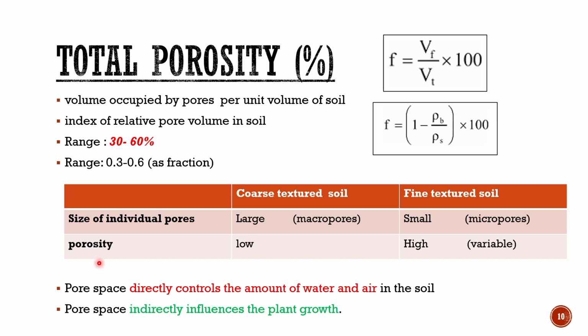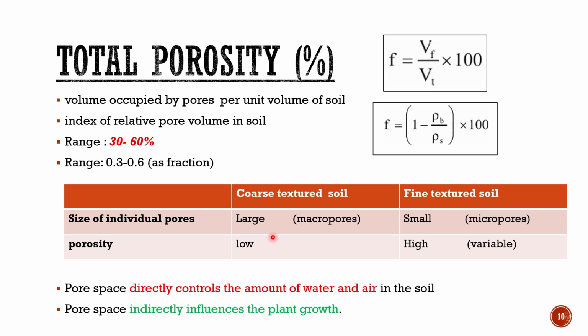So when it comes to porosity, it will be high for fine textured soil because it consists of small pores, and their number will be more. So many small pores as a whole make more volume of pore space. So in coarse textured soil, because of the presence of large pores, porosity is low, and the micropores, because of their small size, can accommodate more pores, and porosity will be high.